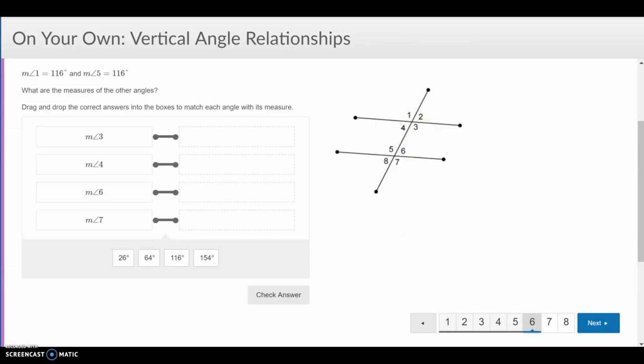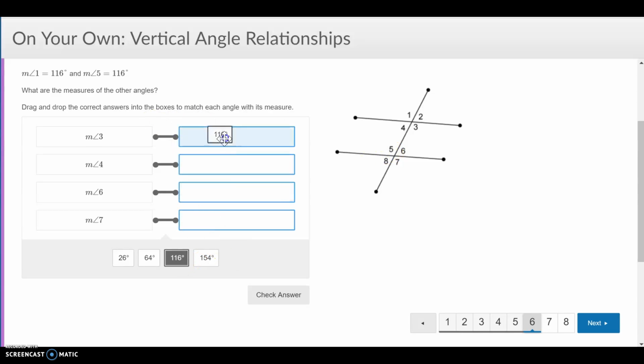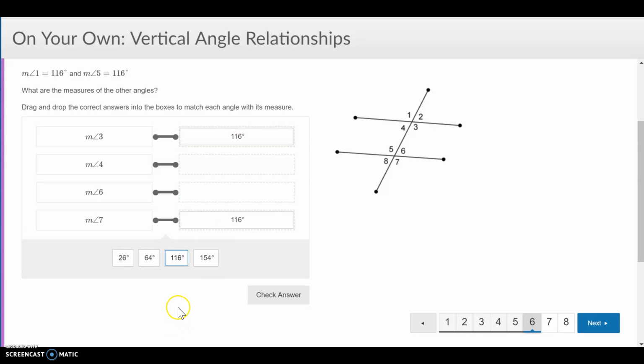Alright, so the measure of angle 1 is 116 here. And the measure of angle 5 is 116. So that means that the measure of angle 3 has to be 116, and the measure of angle 7 has to be 116. Alright, angle 4 is a linear pair with angle 1.